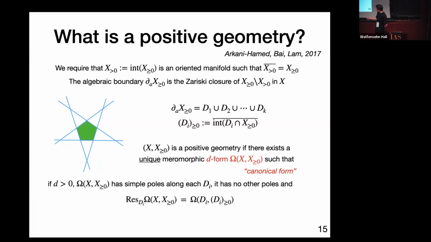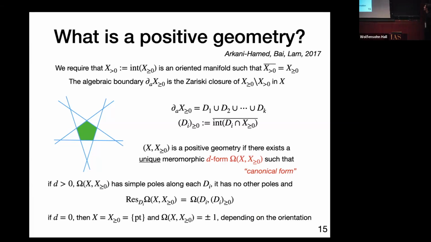And if you take a residue along a boundary divisor, then you get the canonical form of the positive geometry defined on the boundary. And if you're down to a point, then X itself is a point, its non-negative part equals X, and the canonical form is plus or minus 1, depending on the sometimes annoying orientation.